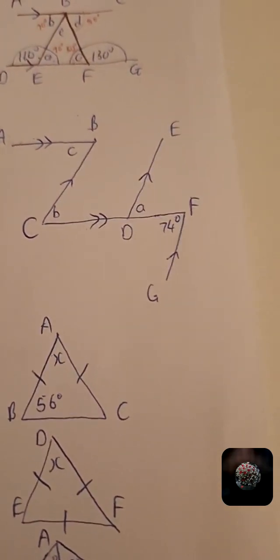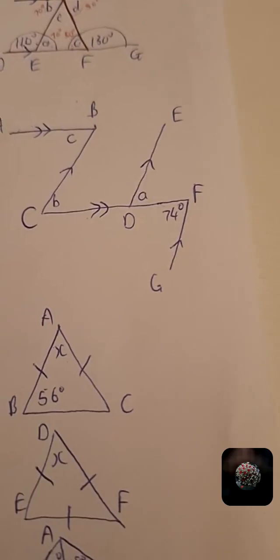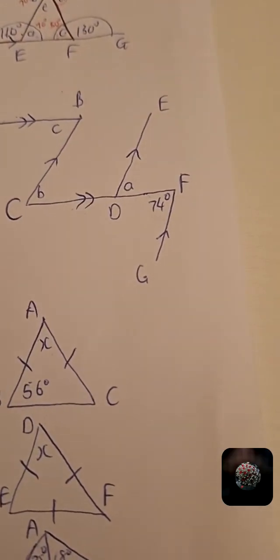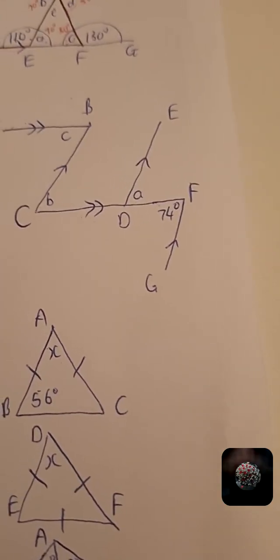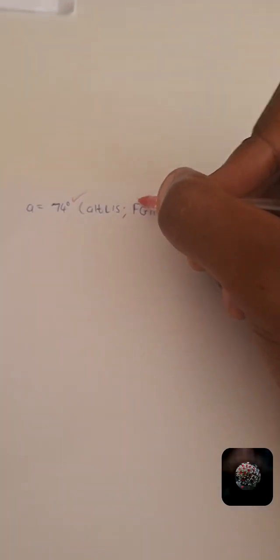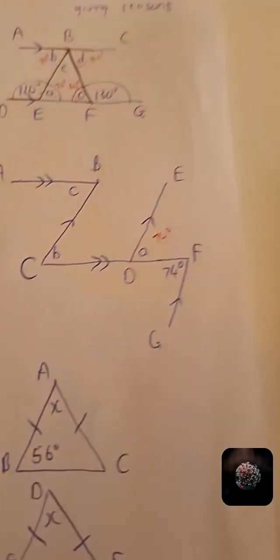Yes, after alternate angles, FG is parallel to ED. So we use A is 74 degrees, alternate angles, and then you state the lines that are parallel: FG is parallel to ED. Okay, update. Move on.